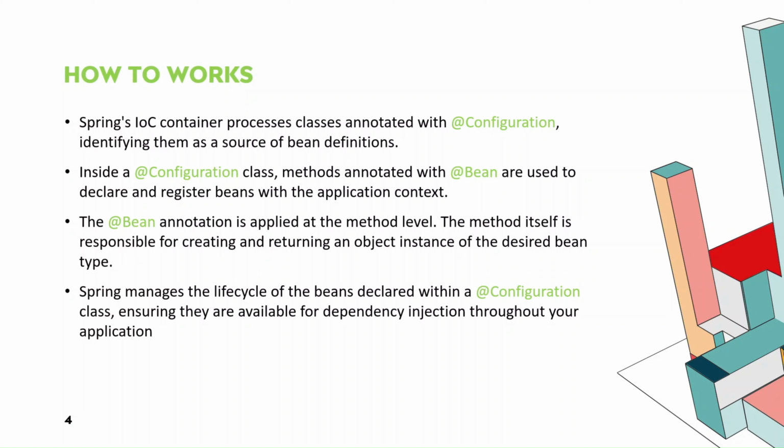Inside the configuration class, there will be some beans configured at method level. The @Bean annotation is applied at method level, responsible for creating and returning an object. Spring manages the life cycle of each component or each bean, and typically @Configuration is nothing but one of the components plus additional configuration.